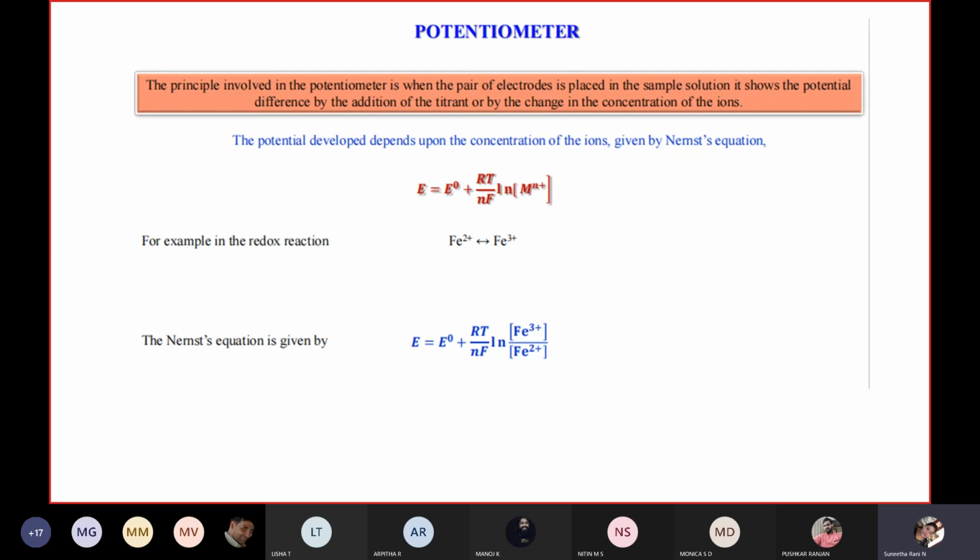Based on this Nernst equation we do the potentiometry experiment. What is the potentiometric experiment? We are measuring the potential developed in a metal ionic solution.